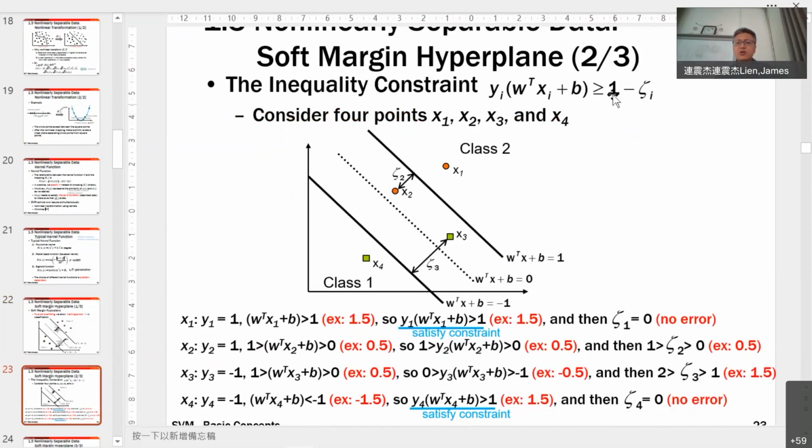Original constraint is only one, but right now our margin will change to be this one plus this term. One minus this one becomes this small margin.